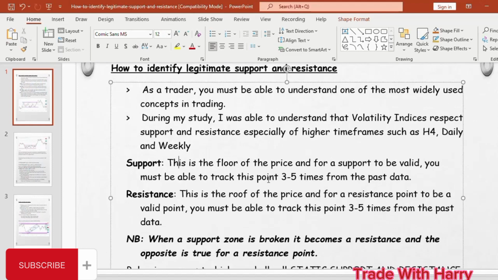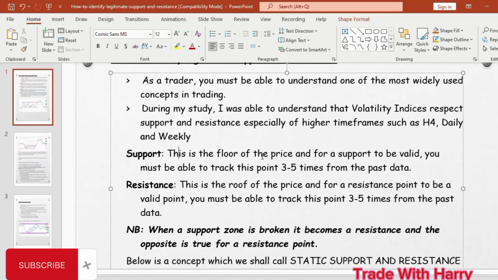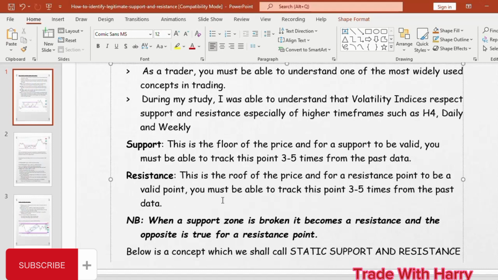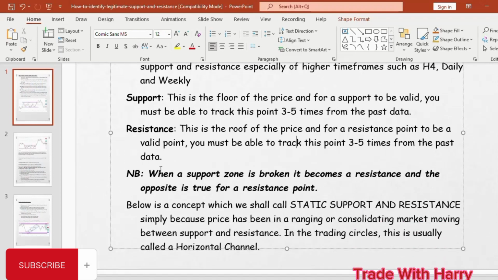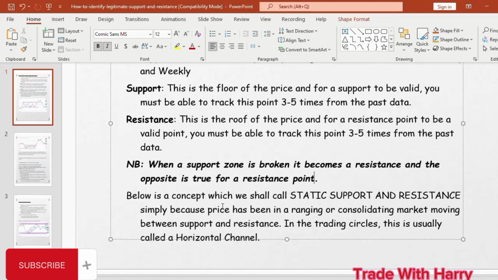Resistance is the roof of the price, and for a resistance point to be valid, you must also be able to track the point 3 to 5 times from the past data. When a support zone is broken, it becomes a resistance, and the opposite is true for a resistance point.